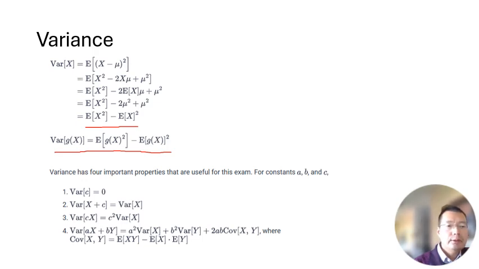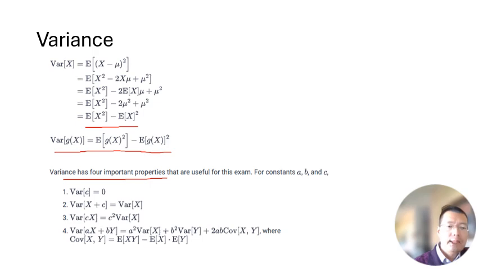Further, variance has four more important properties that are useful. The first one is, if it's a constant, your variance will always be 0 because there's no variance for a constant. Second, if the variable is x plus c, then based on the first rule, variance of c is equal to 0. So basically, x plus c has the same variance as x. But if c is multiplied by x, then when you pull it out, it becomes c squared, because variance is the second power, the second central moment.